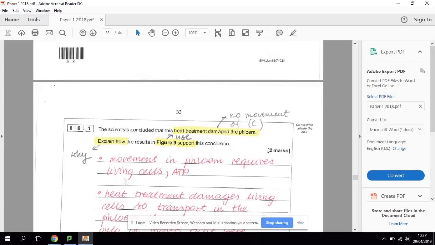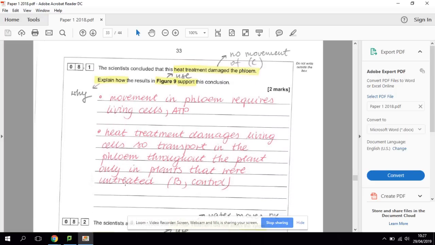What we could write is lots of things, but movement in phloem requires living cells, requires ATP, and the heat treatment damages living cells, so transport in the phloem throughout the plant happens only in the plants that were untreated, so the control plants.